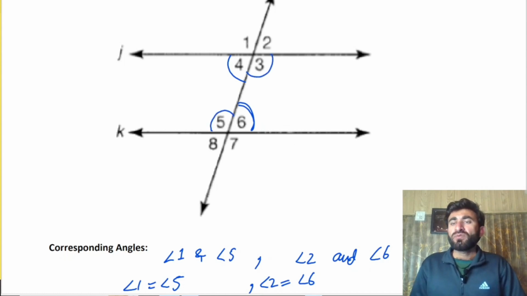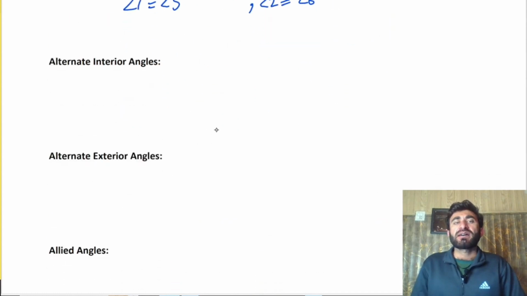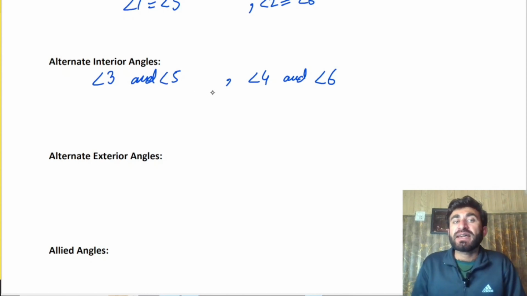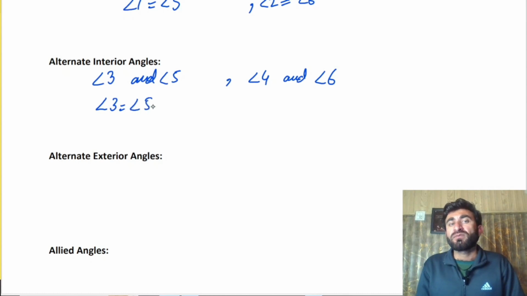So the two pairs of alternate interior angles are angle 3 and angle 5, and angle 4 and angle 6. And we know the relation between the alternate angles is that they are equal. Angle 3 will be equal to angle 5 and angle 4 will be equal to angle 6.